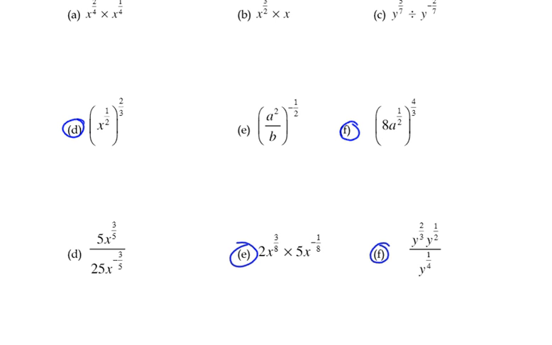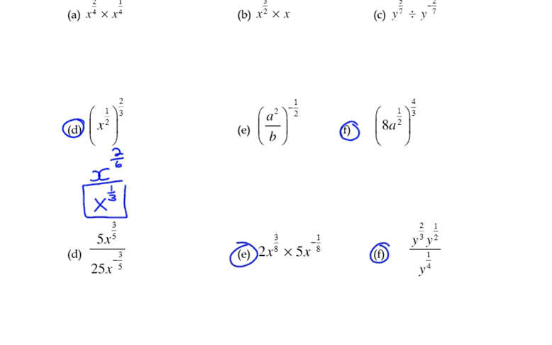Okay, what would we start with this guy? Power to a power. What are we going to do with a power to a power? Multiply it. So a half times a third. When you multiply fractions, go straight across. So 1 times 2, 2 over 6, or x to the 1/3.